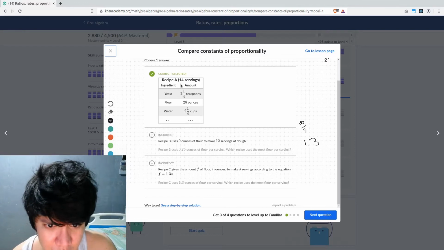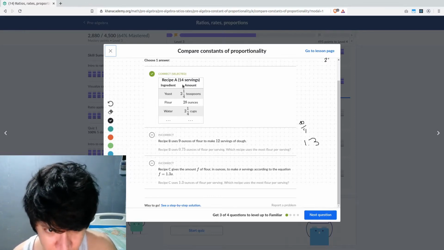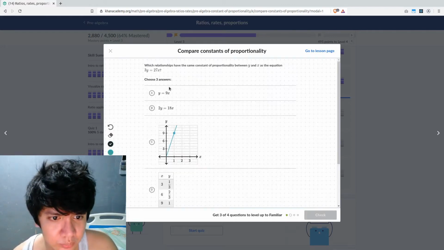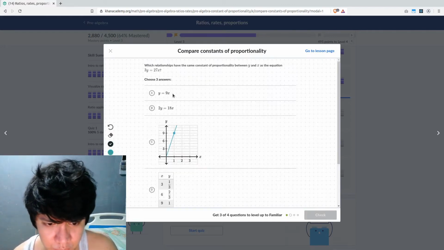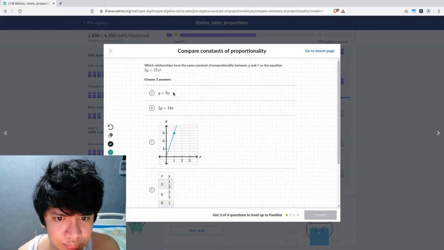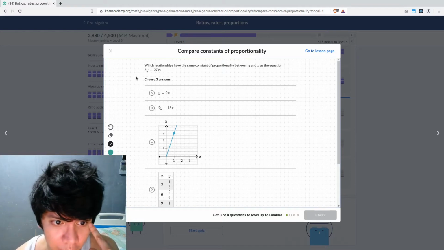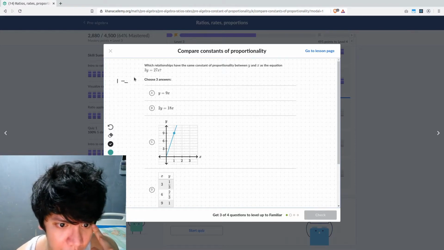What amount does this use? 14 servings? Okay, so this could be 1 over 9. 3, okay.